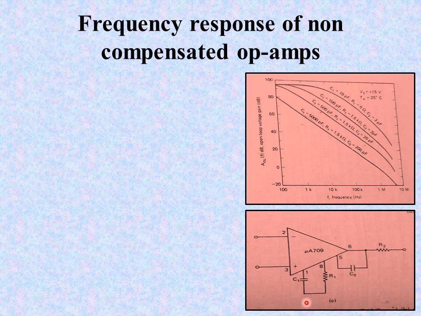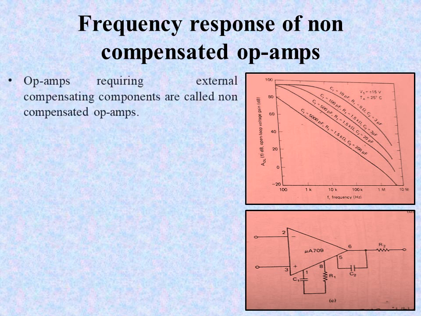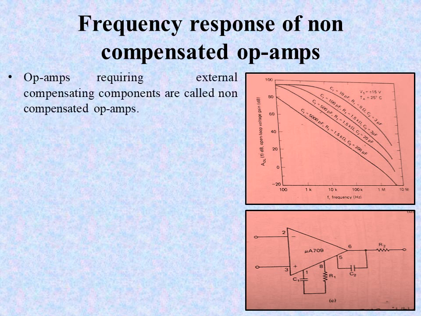So what are these components? These are externally connected components in order to provide a stable gain. So this is the uncompensated op-amp 709, and we have externally applied these components in order to stabilize gain. So the op-amps requiring external compensating components are called non-compensated op-amps.